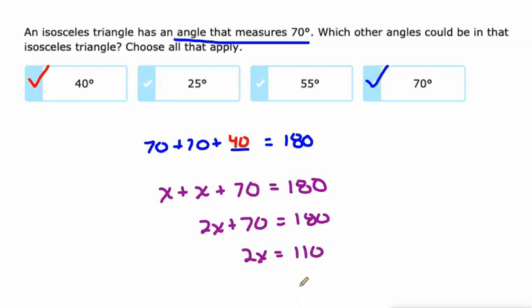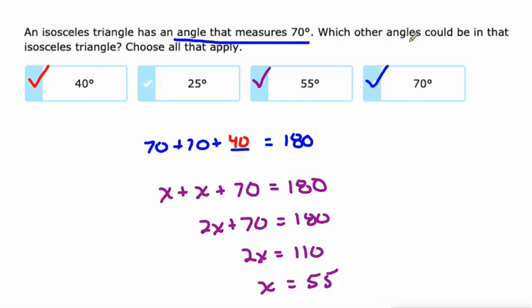So we could have two angles that add up to 110, which would mean that each one could be 55. So we could have two 55-degree angles and a 70-degree angle as well, and then it would also be isosceles.